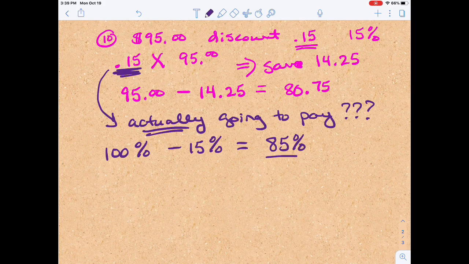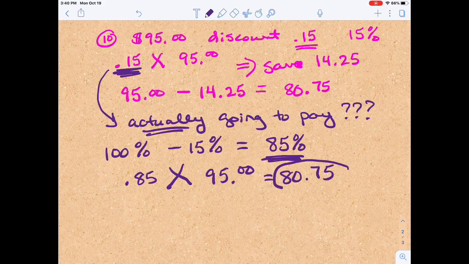You actually have to pay 85% of $95. We multiply 0.85 times 95, and we get $80.75, all in one step. So it's kind of cool. Think about what you actually pay, not just what is the discount. So that's kind of a cool thing when we're discounting something.